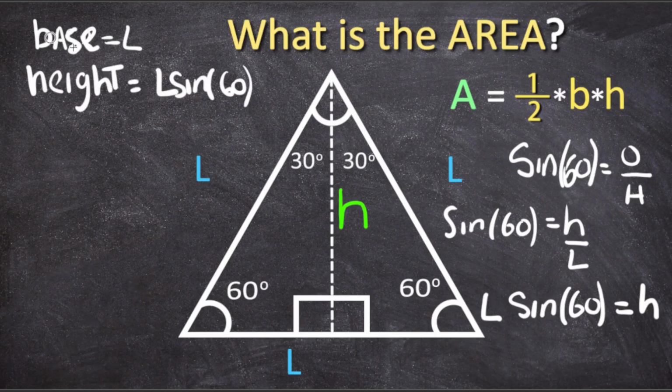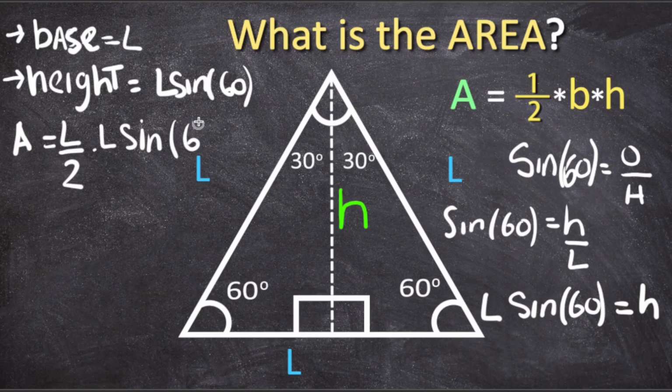And now that we have base and height, we can apply those values to the equation for the triangle. So the area of the triangle would be 1 over 2 base, or half base. Well, we know the base is L, so that equals L over 2 times the height. We know the height is L times sine of 60.